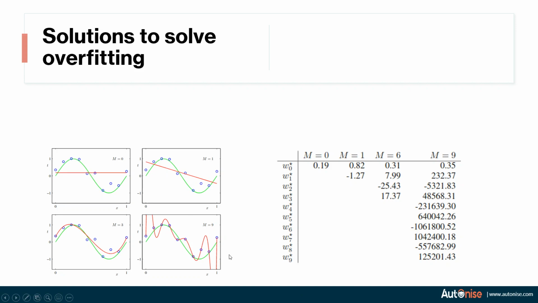Pay attention, this is not always true. It can happen that our large degree polynomial is actually the correct answer and represents the correct distribution, but usually in real life, in all the types of problems we solve, the answer is usually a low degree polynomial.